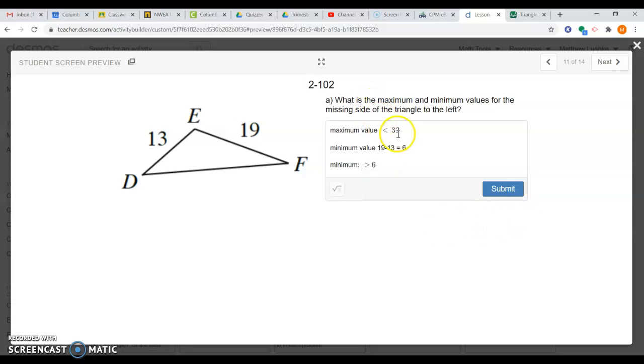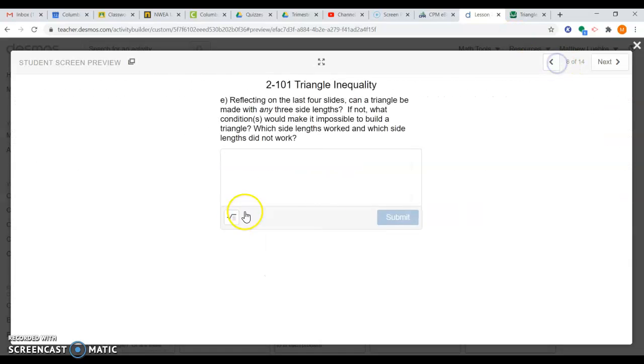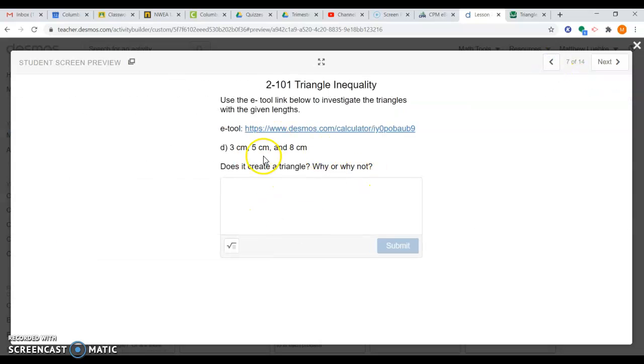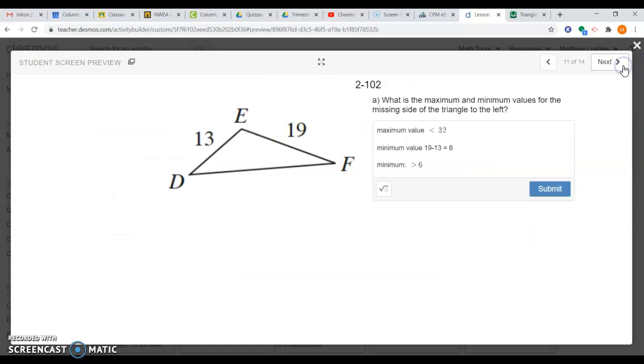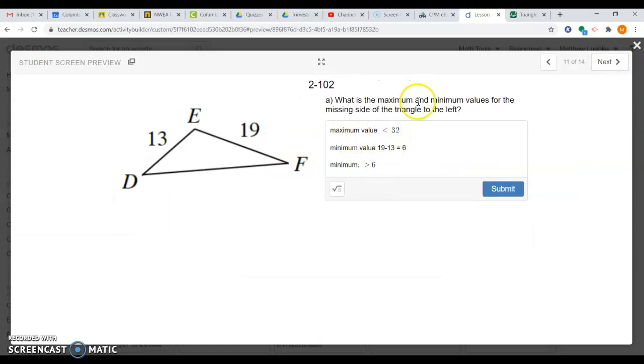And so that would be my triangle inequality. That side length could be anything between 6 and 32. It can't be 6 because 6 plus 13 is 19, and it's going to be an issue like we see here, sorry, one back, where 3 plus 5 equals 8. It can form a straight line but can't form a triangle. So it's got to be, in our case, a little bit bigger than 6, but less than 32.